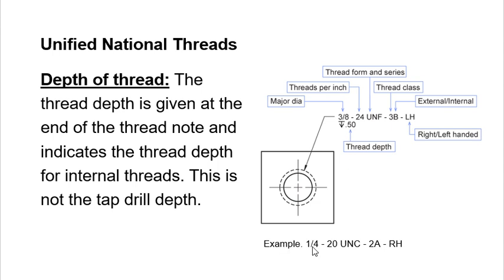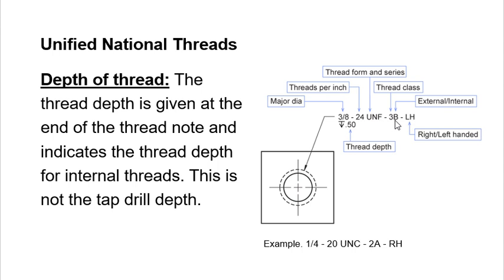Here are 2 different examples. The very first one shows a diagram, and here is your thread note. Your major diameter, and then your thread depth right here, followed by your threads per inch, thread form and series, and this is fine.